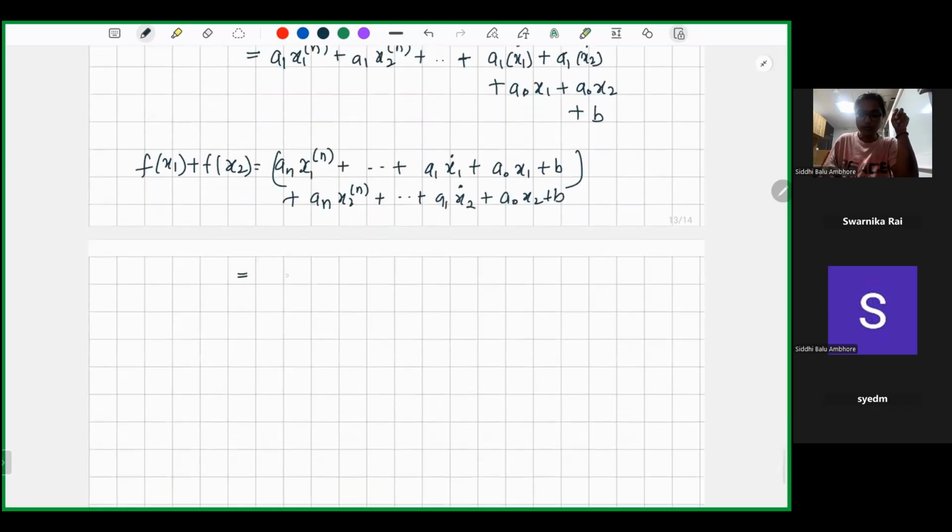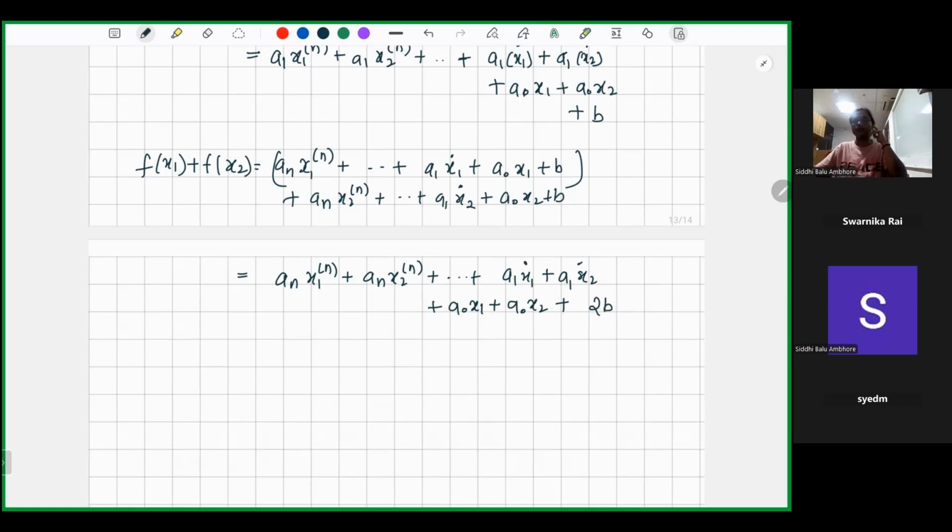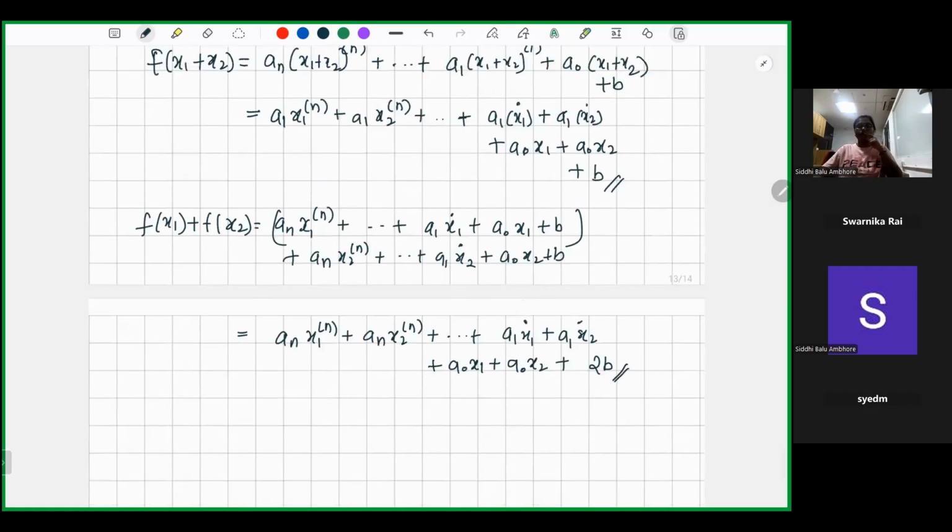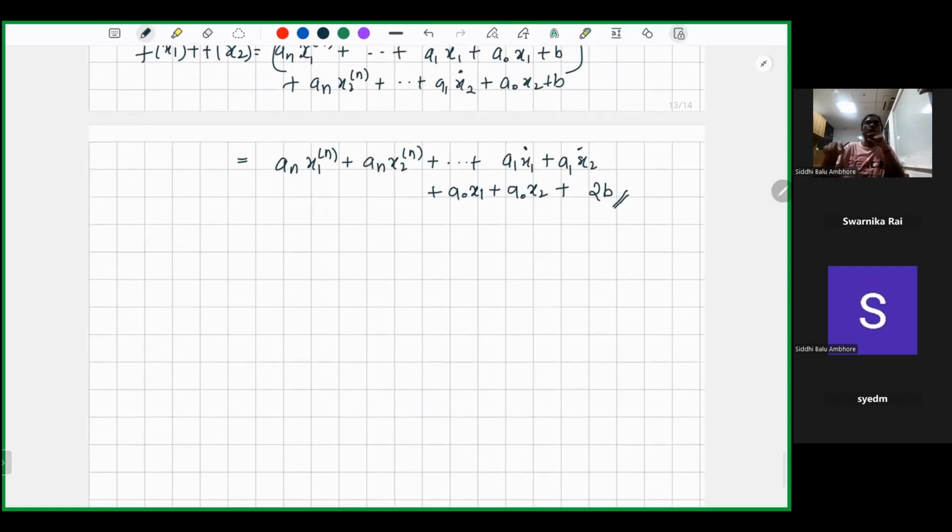When I add those, I get an x1 nth plus an x2 nth, and so on, a1 x1 dot plus a1 x2 dot, plus a0 x1 plus a0 x2, plus 2b here. But in f of x1 plus x2 I get only b, here I get 2b. So therefore this is not true in general.